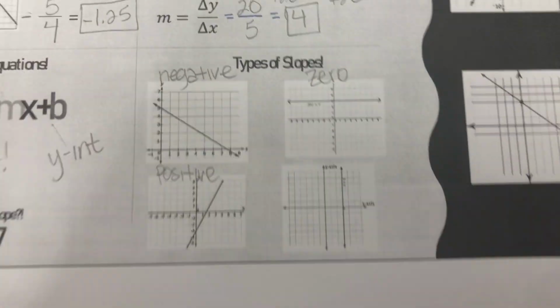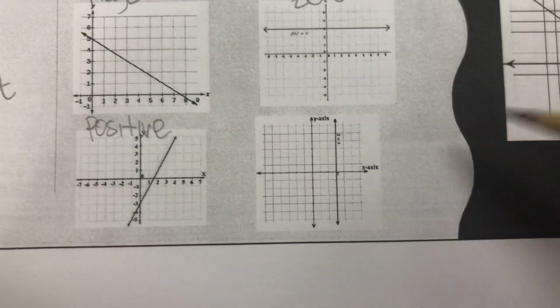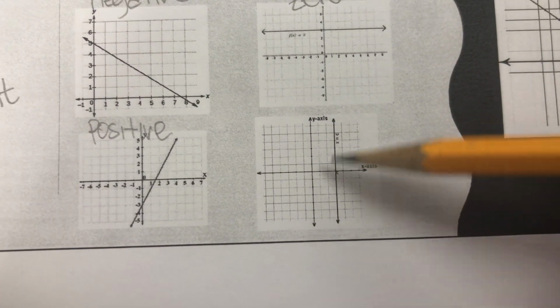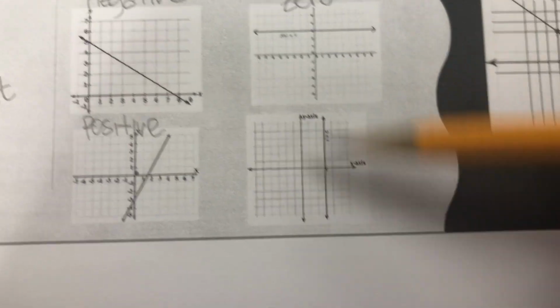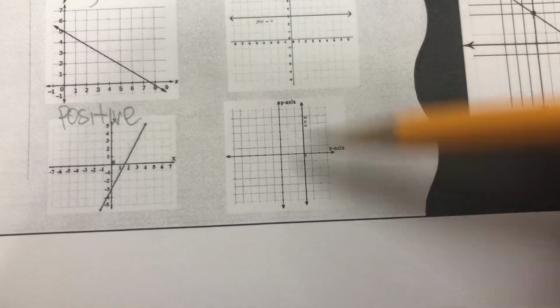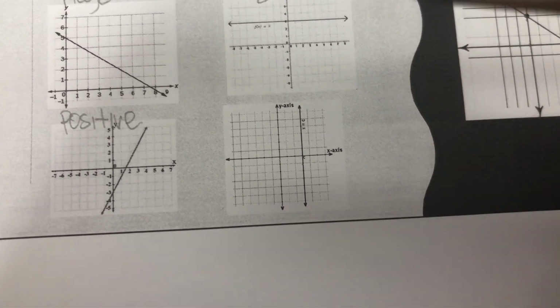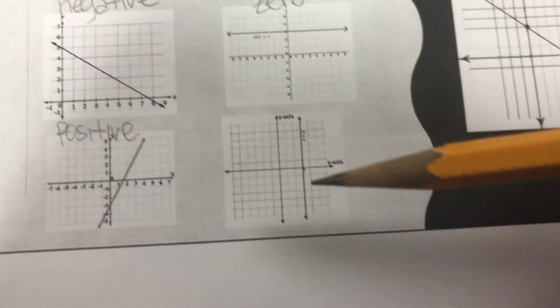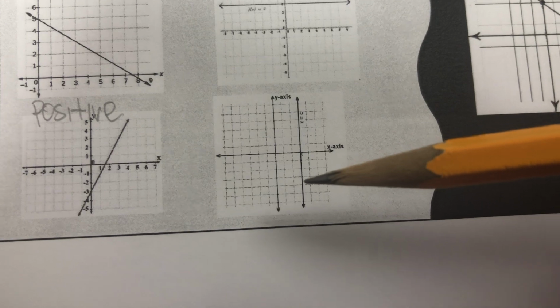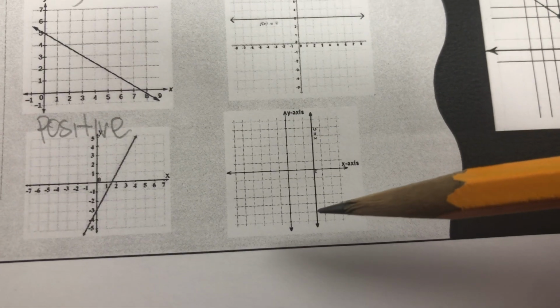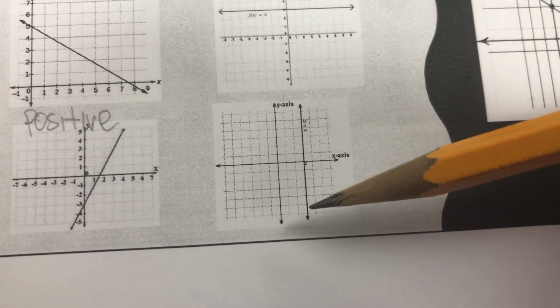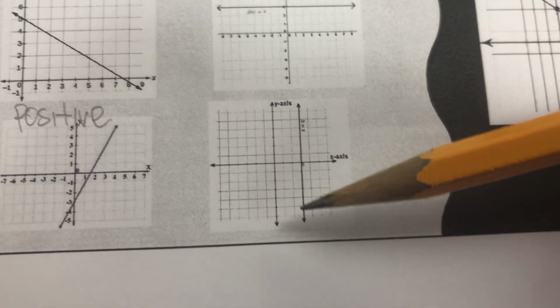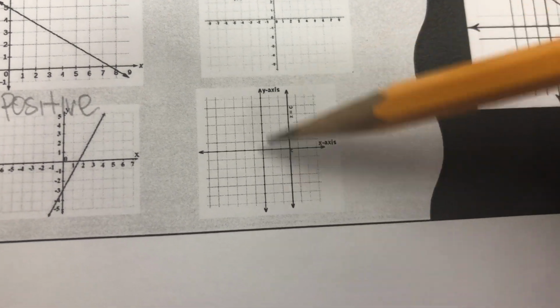So that's going to be 0. And then right here, on this one, if you have a vertical line ever, okay, then that means this vertical line is always going to mean undefined, okay? The reason why this one has the name undefined is because in order to be a line that is linear and has a slope and all that stuff, you have to be able to cross this y-axis.